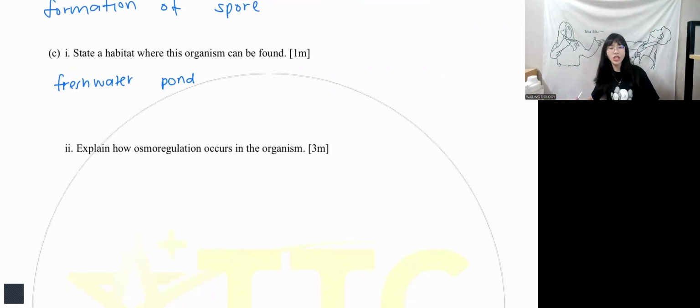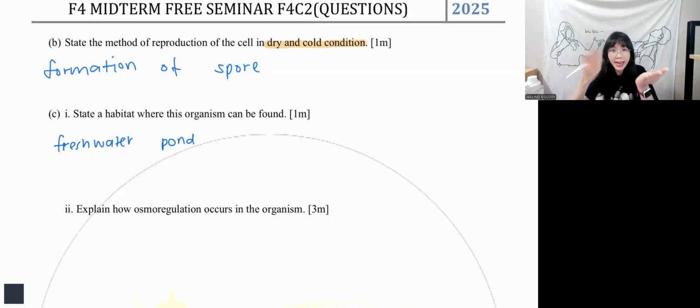How does osmoregulation occur in this organism? All of this process occurs through which part? The contractile vacuole. If you compare fresh water and amoeba species, who has more water? Of course, the fresh water.